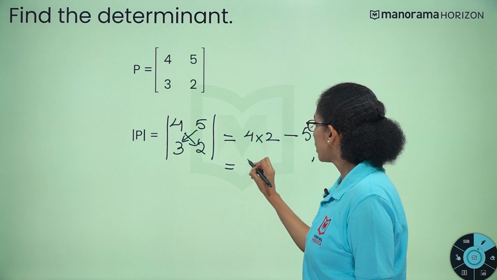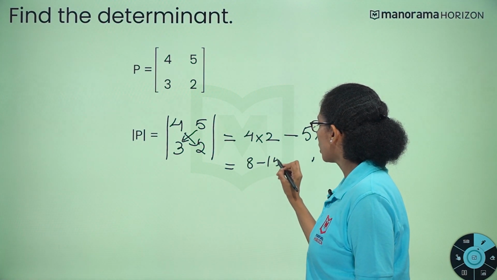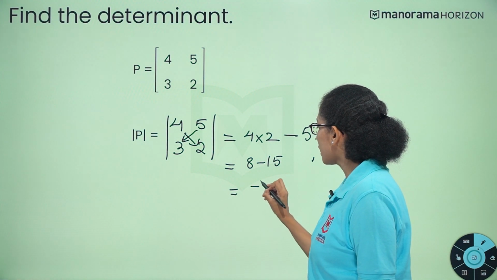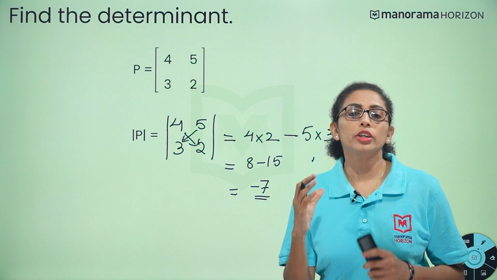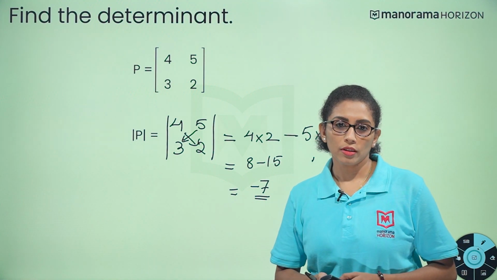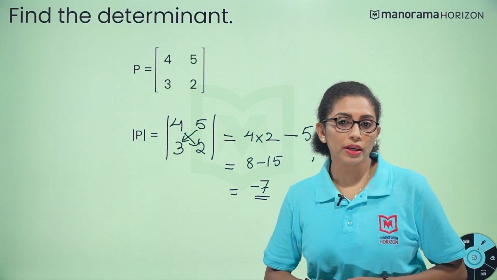We get 8 minus 15, which is equal to minus 7. So, finding the determinant of a 2 by 2 matrix is simple. What if it is a 3 by 3 matrix?